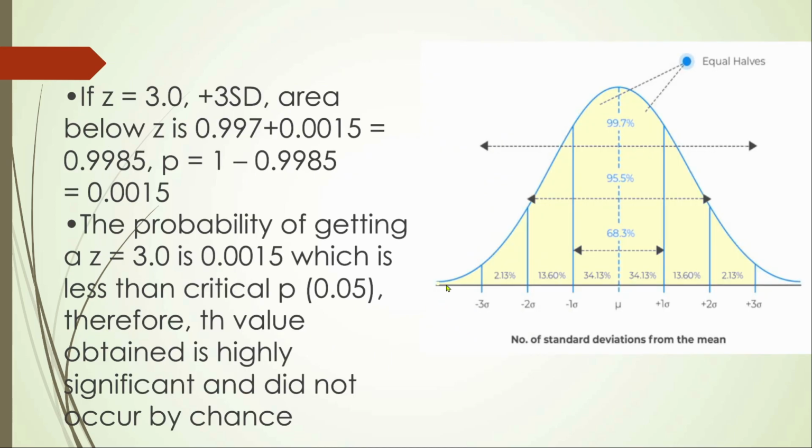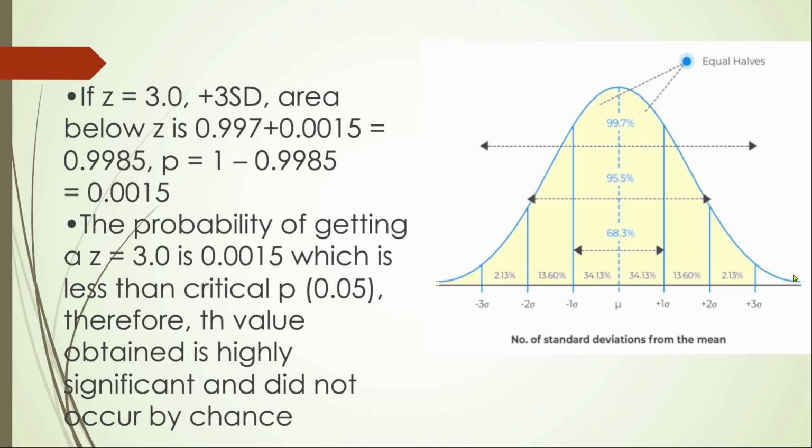With Gaussian or normal curve, a z-score of 3 means it is at plus 3 standard deviation. So if you obtain a value that is plus 3 standard deviation, then the area below z is 0.00985.